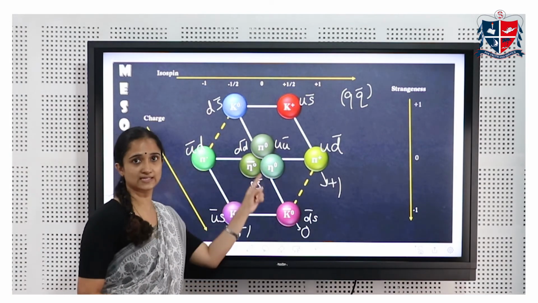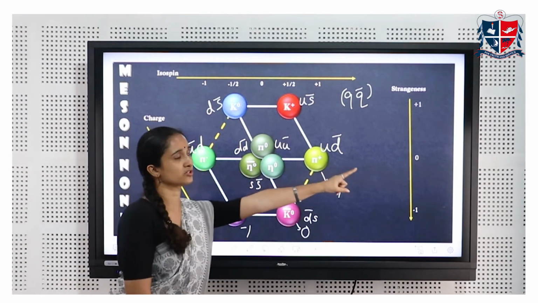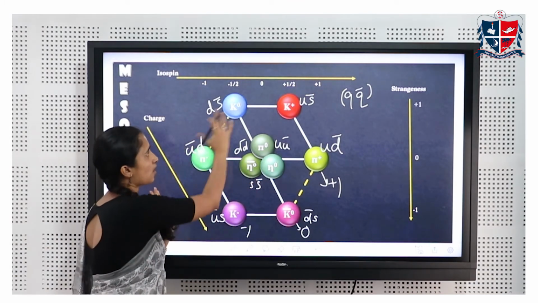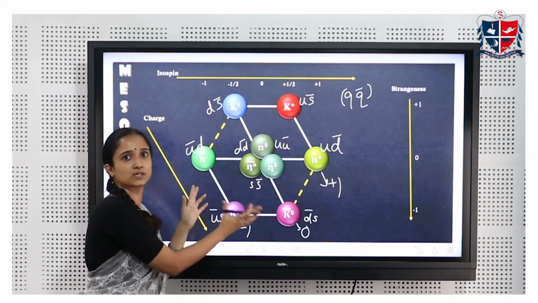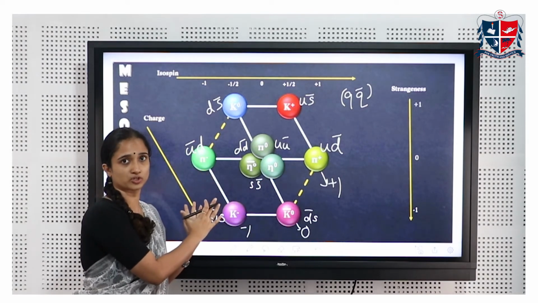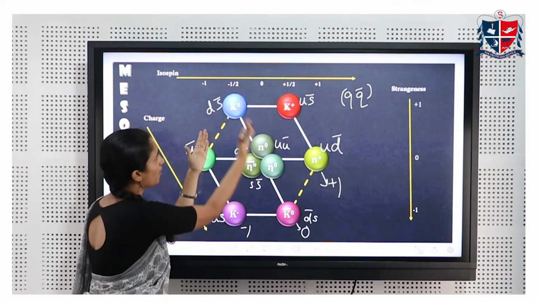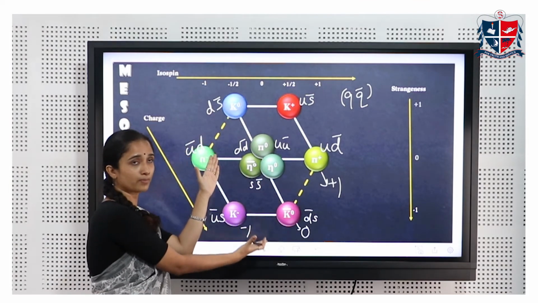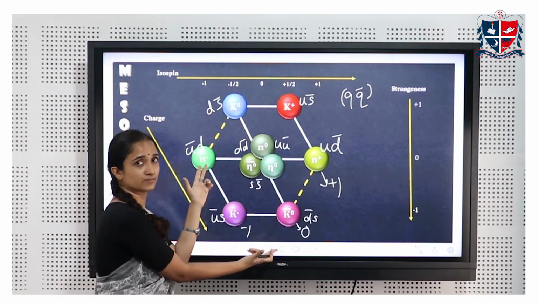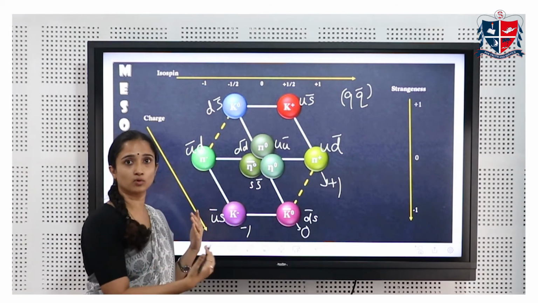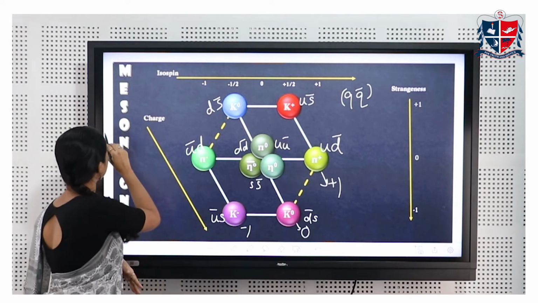All these three combinations have strangeness equal to 0 and charge also equal to 0. So this is how we can express all the mesons in terms of their quark composition. Once again, the pattern is really clear. We can use the symmetry operations to find the quark composition of all these particles. Fine. Okay, so from meson knowledge, we are going to another class of baryons.